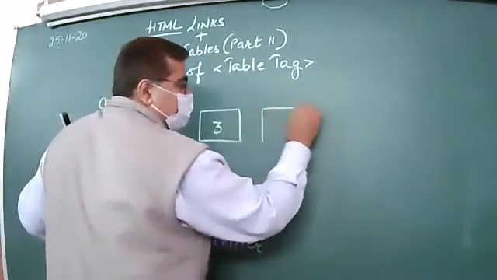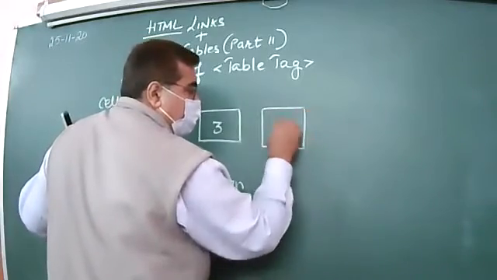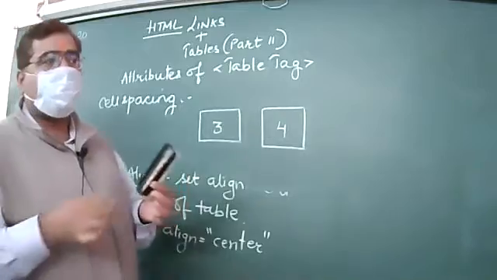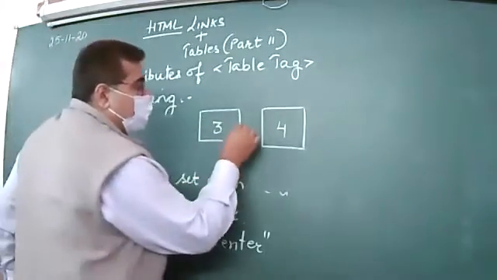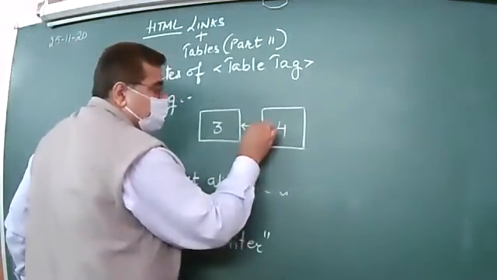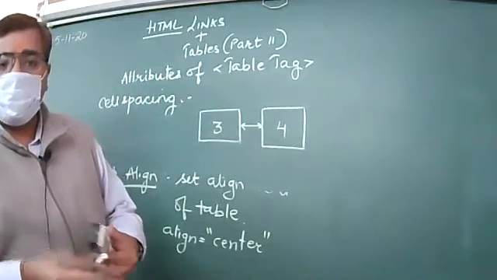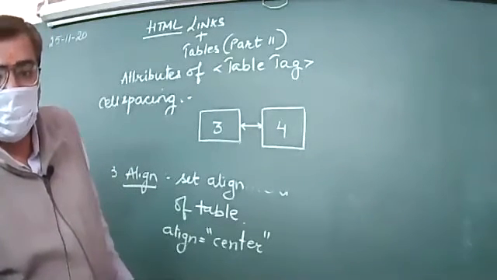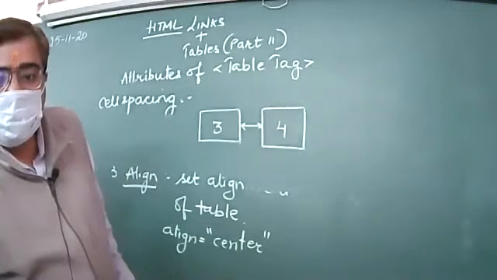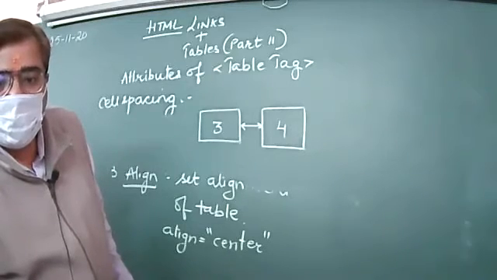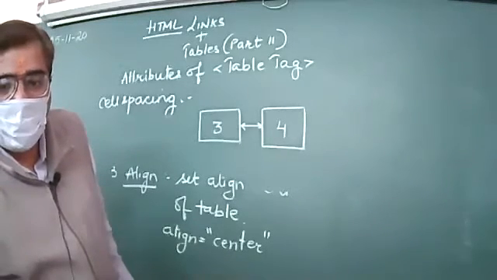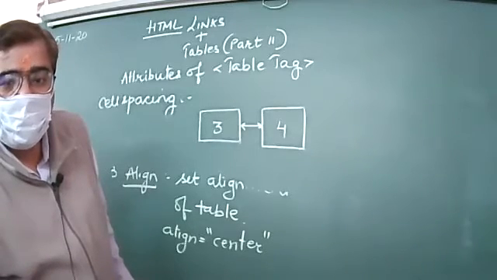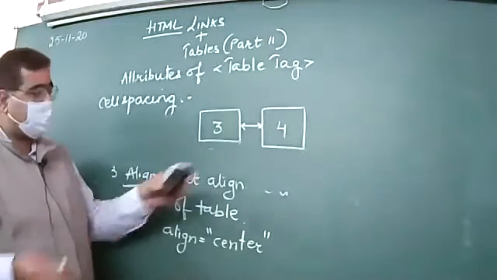This is another cell having entry 4. There are two different cells of the same table. The gap between these two cells is known as cell spacing, right? So cell spacing is the attribute of table tag that specifies the gap between two different cells.